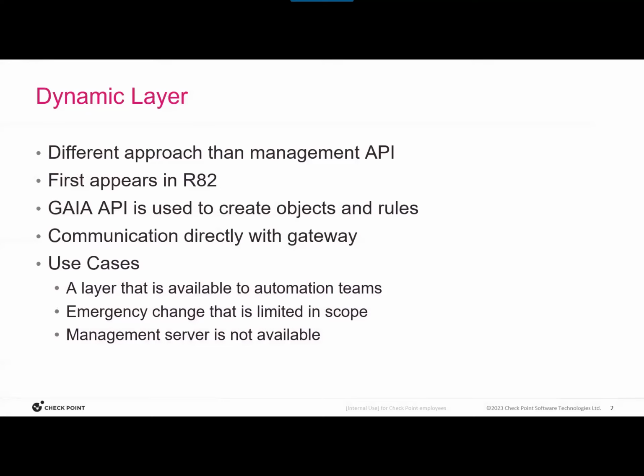This is a situation where they've created the ability in Gaia API to make requests directly to a gateway rather than a manager. And when that request is made, then all of the usual metadata that's kept by the gateway is changed for the target layer.